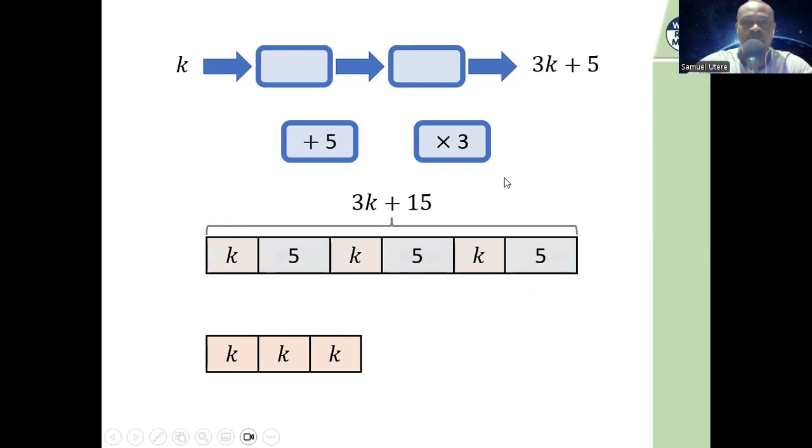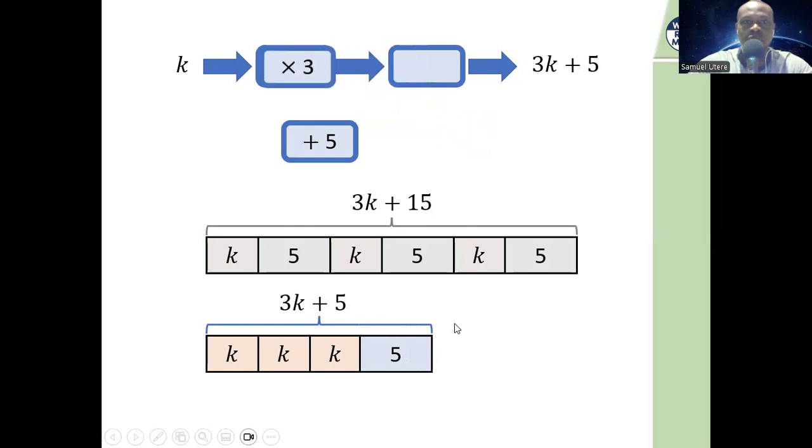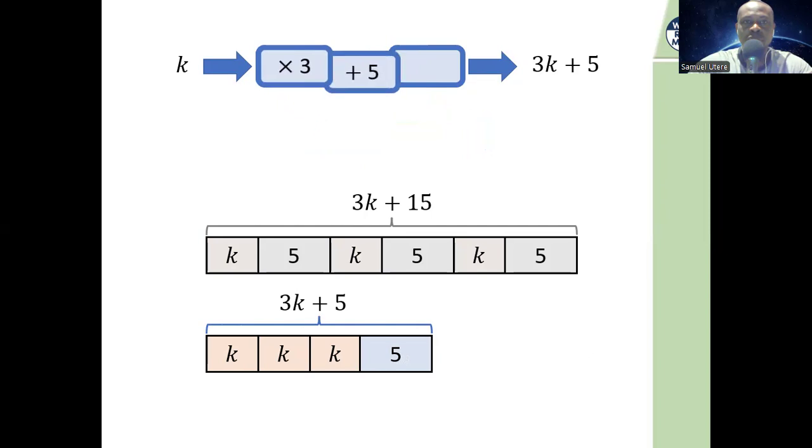So we multiply by 3 first before we add 5. It looks like that works, doesn't it? Because this gives us this result, which is the output. So actually, our operation should change its order, and that answers the question.